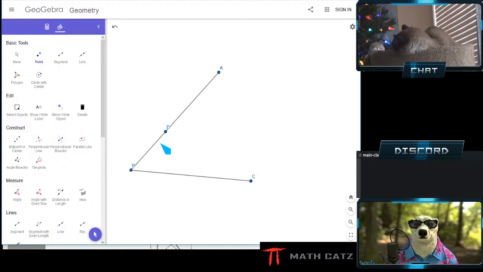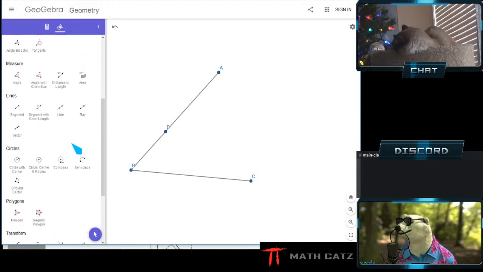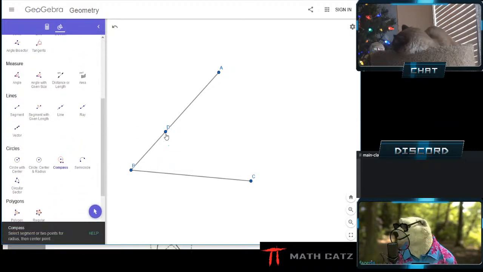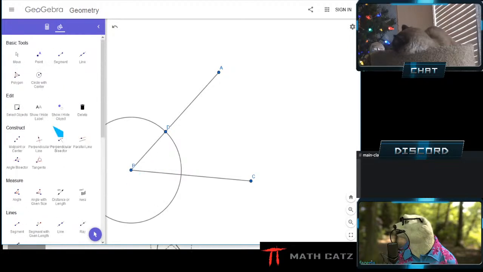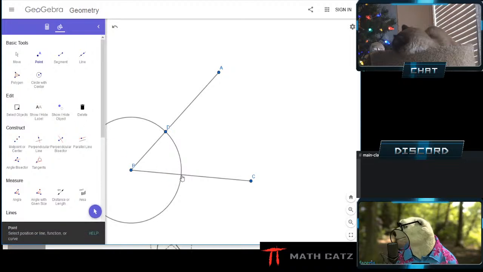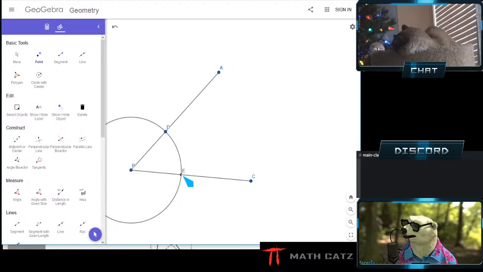You don't want that compass to be too big, too wide, too small, comfortable to make a nice arc that doesn't wobble in any way. All right, so now I want to go to my compass tool. I want to make a little circle with that radius. There it is. To find the other point for that circle intersecting the other line segment, calling it E in this case.